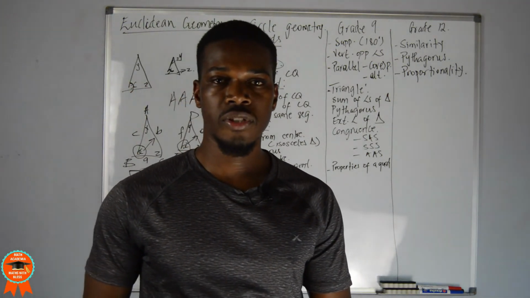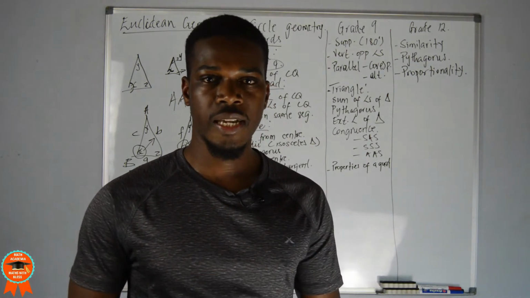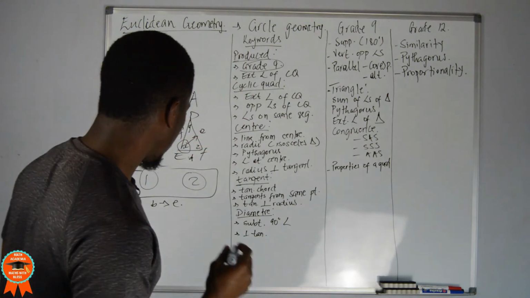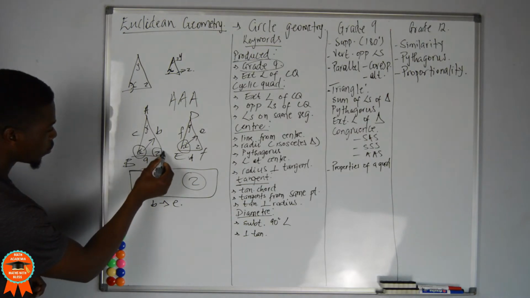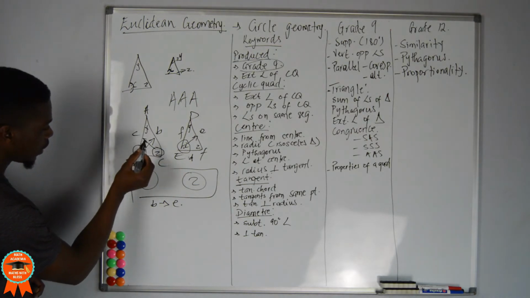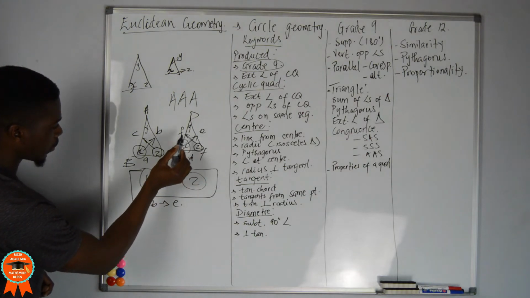Similarity goes further to say that if two triangles are similar, the corresponding sides are in proportion. So for the next corresponding side, you go to an angle, and then on the next triangle, the side opposite the corresponding angle is the corresponding side.